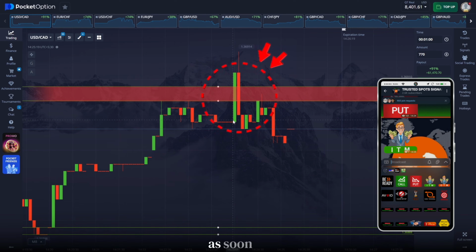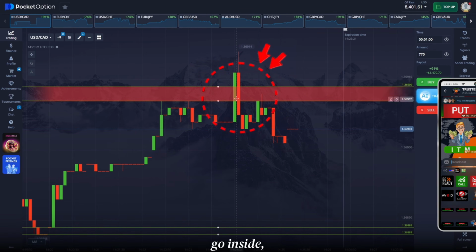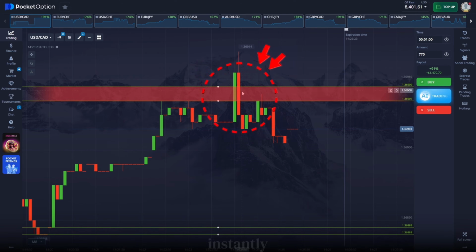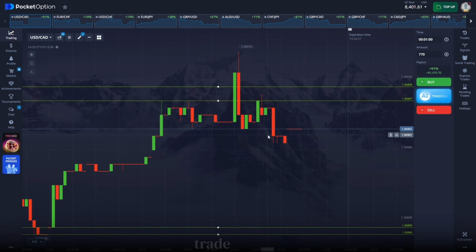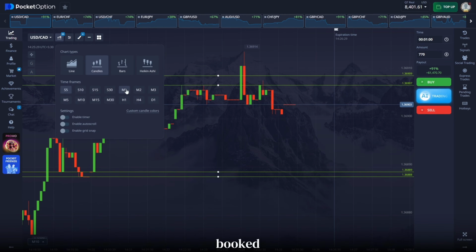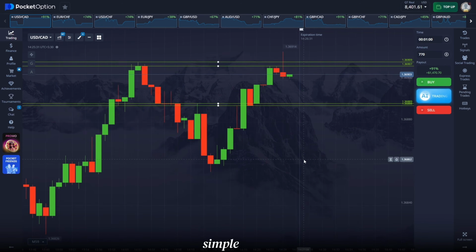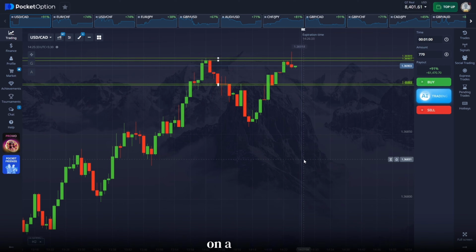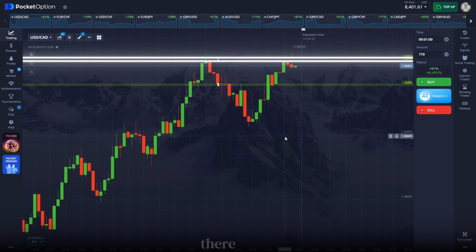The price, as soon as it tried to go inside, it got rejected back instantly and suddenly it formed a confirmation candle. I placed my trade and we booked profit. It was a simple trade setup based on a major resistance in which there was a strong confirmation and the candle closing was also below.